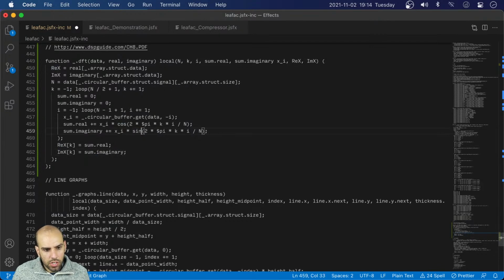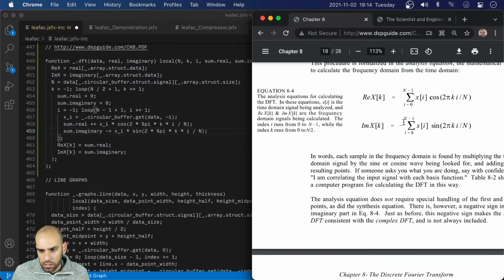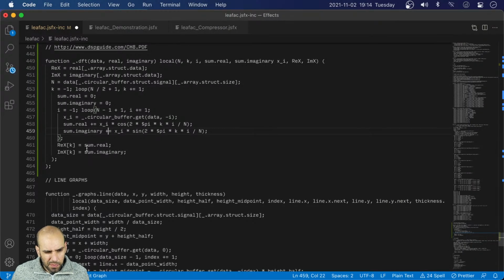And of course, I will change this from cosine to sine. And I think I am just going to subtract instead of add. That amounts to the same, right? But maybe it doesn't look the same on the page. So I guess I'll do it like this.